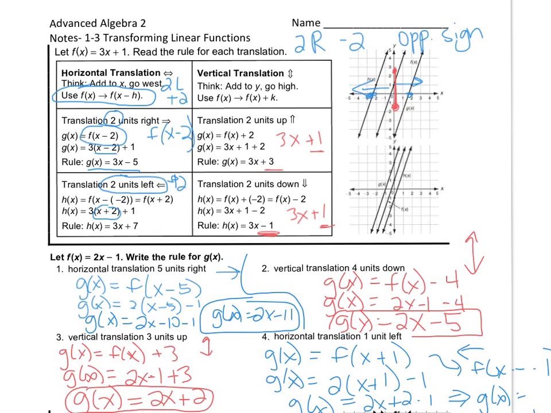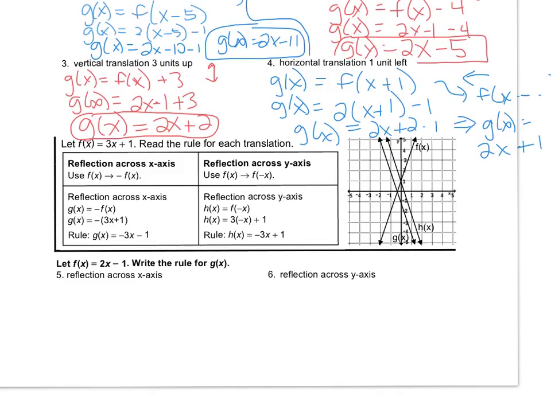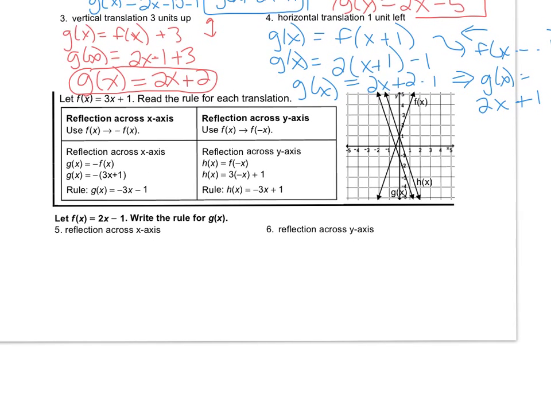Okay, moving on to reflections. So reflections are similar to what you learned in geometry. So reflection across the x-axis is, if your x-axis, of course, is right here, when you reflect over it, if we start above the x-axis and then end up below it, you are simply changing your y.